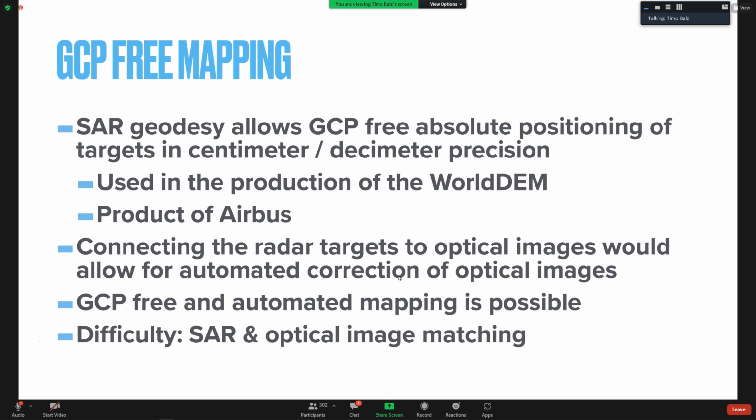Now, if we can match the SAR image to the optical image, we can transfer the coordinates from that point to the optical image. And at that stage, we can automatically correct them and geocode, auto-rectify all of these optical images in a completely automated workflow without ever touching the ground of an area. So that is very, very useful.